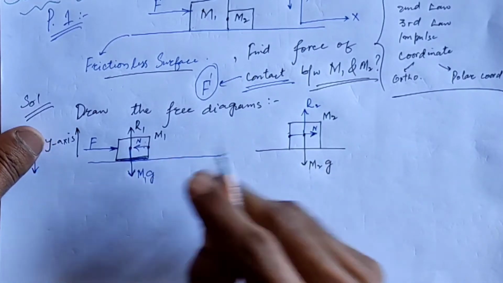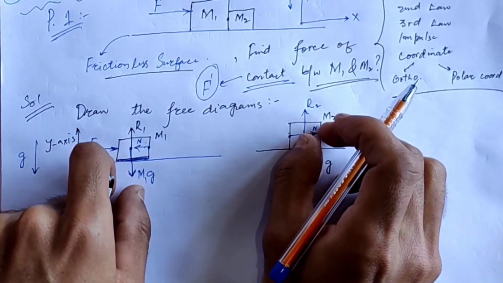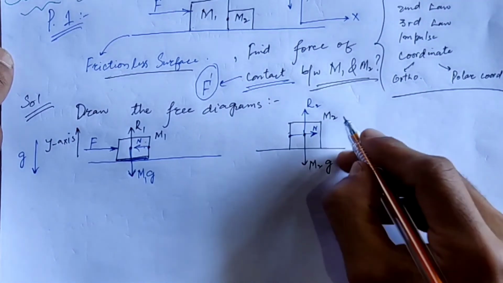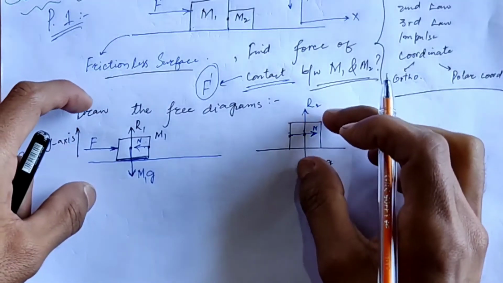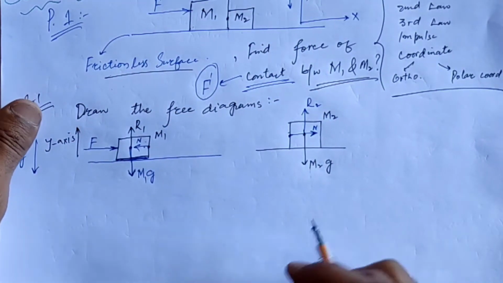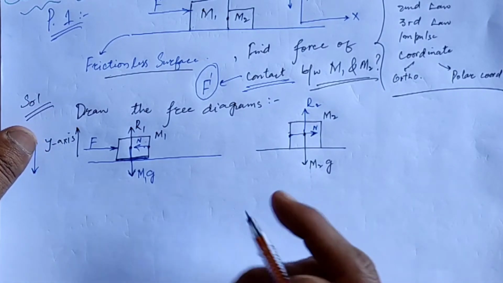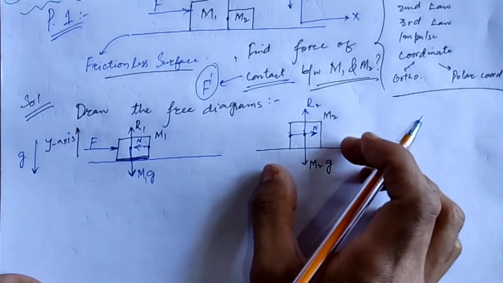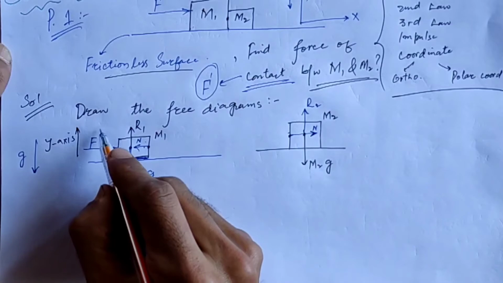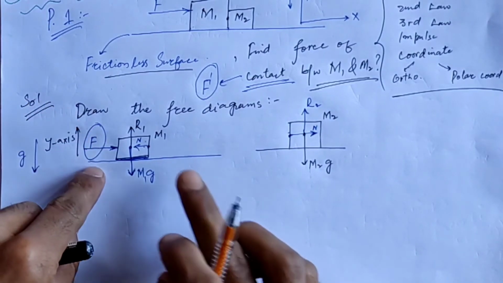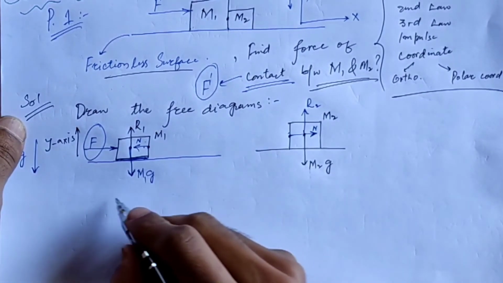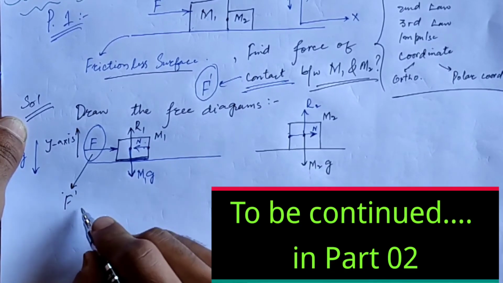So this n and this n cancel, so they contribute nothing to the overall motion of these two bodies. R1 cancels m1g, R2 cancels m2g, so these contribute nothing to the net acceleration or net motion of the two bodies. So we find that the only force contributing towards the acceleration of these two bodies is this F. Because F is not cancelled out, all other forces are cancelled, F is the only force.